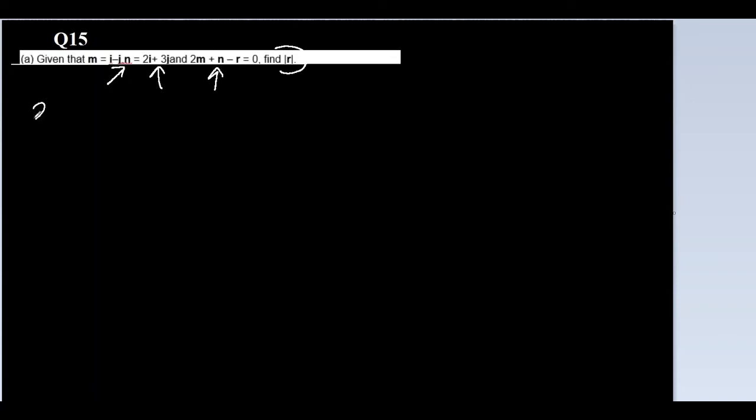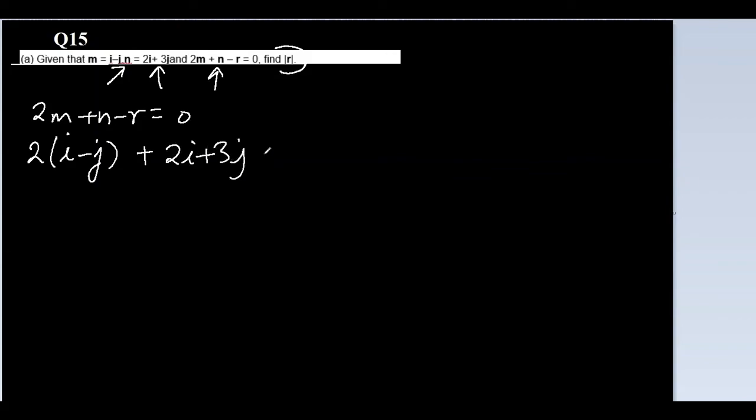So 2m plus n minus r equal to 0. This is what they're saying. So in place of m, we'll write its vectors i minus j plus n. n is 2i plus 3j. And then minus r equal to 0.